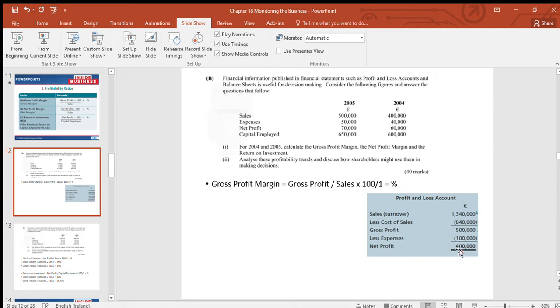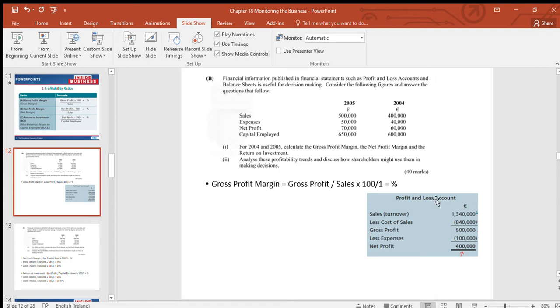So I can work my way back up. In this one they gave us here, if I know the net profit is 400,000 and I know the expenses are 100,000, well, to get there, I obviously would have to have had a higher gross profit. So even if we didn't have this 500,000, we'd know that if this is 400 and this is minus 100 here, then obviously this would have to be 500.